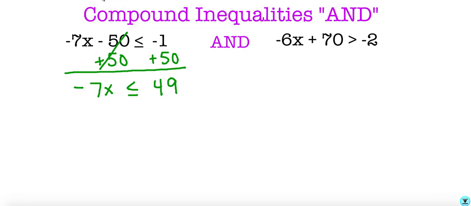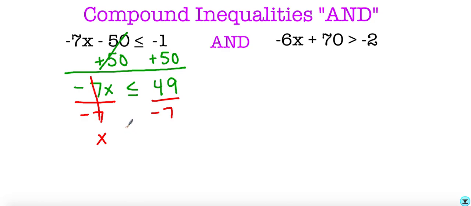And here, in order to get x by itself, because this is multiplication, I do have to divide by negative 7 on both sides, because that's the inverse operation. Negative 7 divided by negative 7 is 1, so that cancels out, and here I'm left with x.